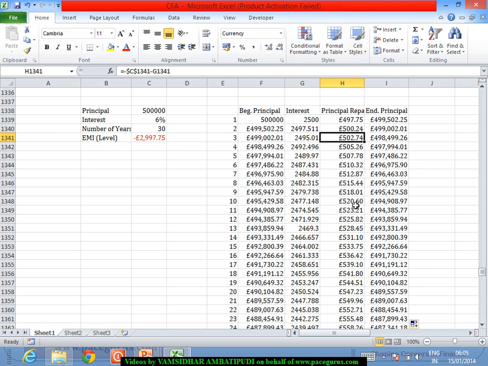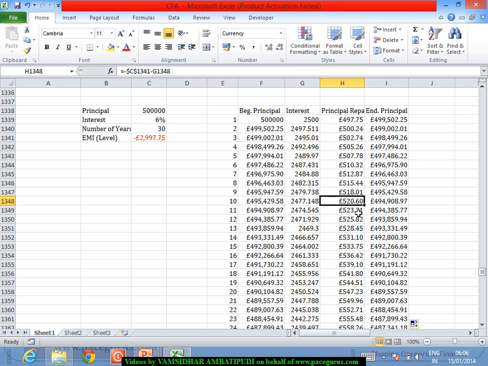See, for this month, let's say the scheduled repayment of the loan is $520.6. But what if the person comes forward and says, I'll do a $1,000 repayment here instead of 520.6? If the borrower says, I'm going to pay $1,000 here, that is what we call prepayment.